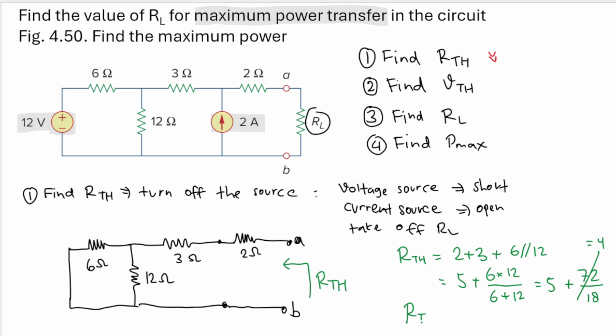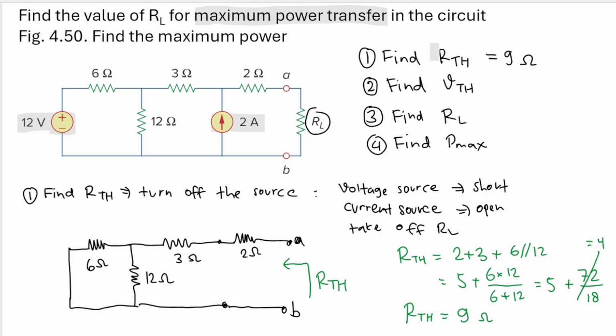So RTH is equal to 9 ohm, and that is the first most important value that we get.